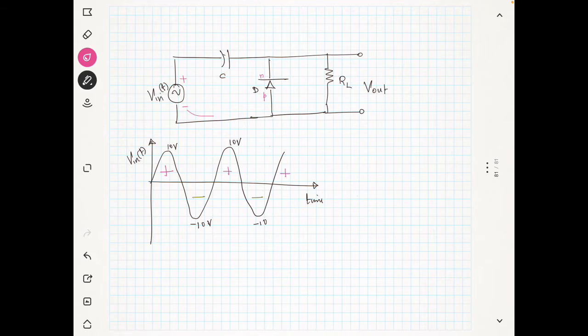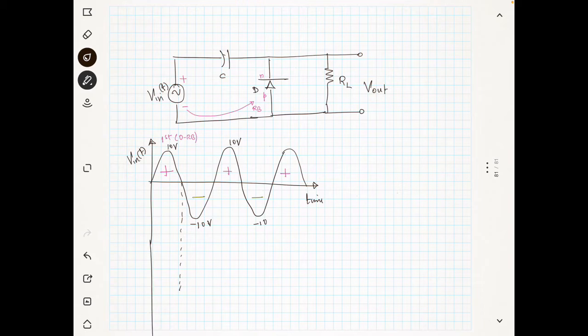You can see this n is connected to the negative side, so the diode is reverse biased. Since the diode is reverse biased, no current will be there, so nothing will happen during that first positive half cycle.